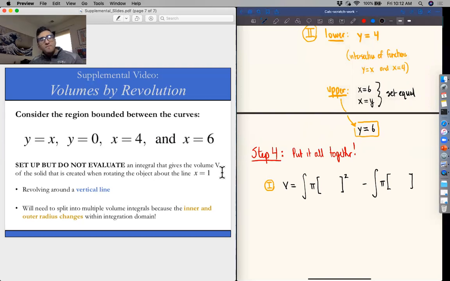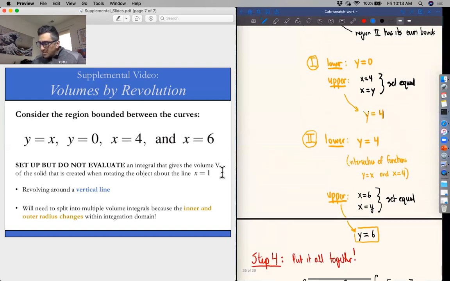So in region 1, we're integrating with respect to y because we are revolving around a vertical axis. The other thing we found for region 1 was that the lower bound was y equals 0, and we saw the upper bound was y equals 4.